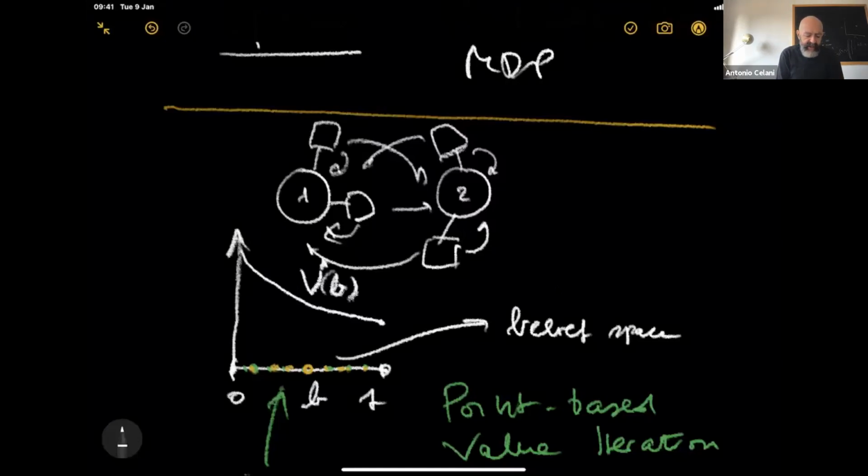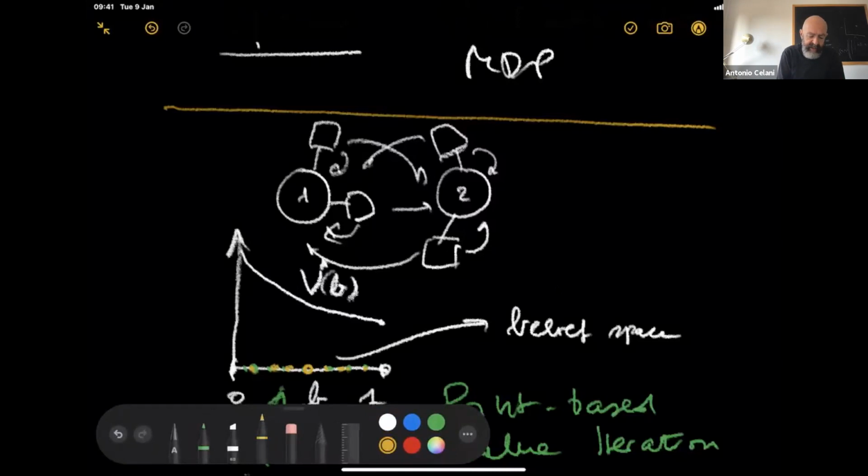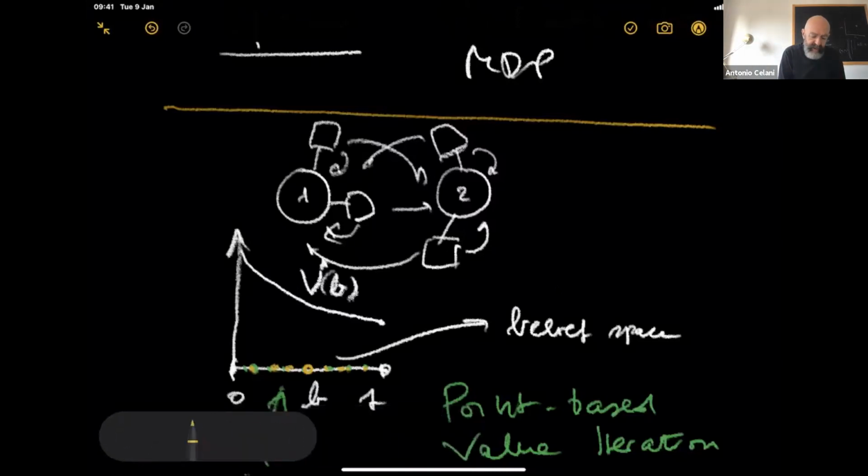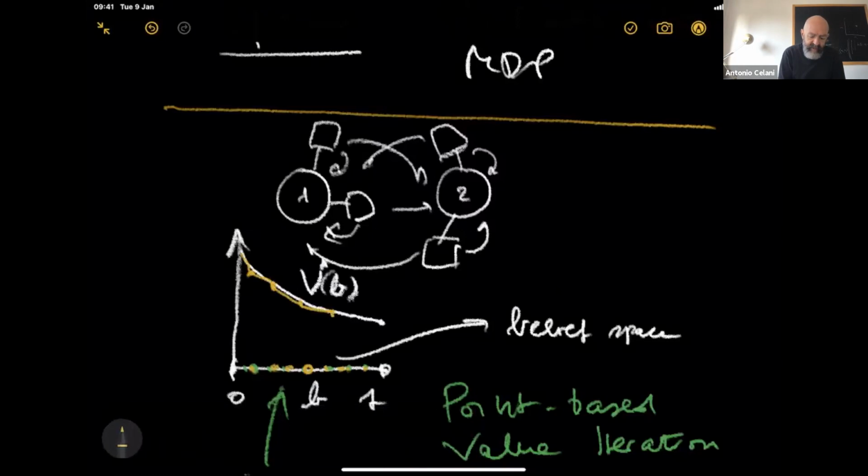So one idea is to approximate your value function with a piecewise linear function, which is based on these points here. This is another important idea qualitatively: to replace a continuous function with its piecewise linear approximation.